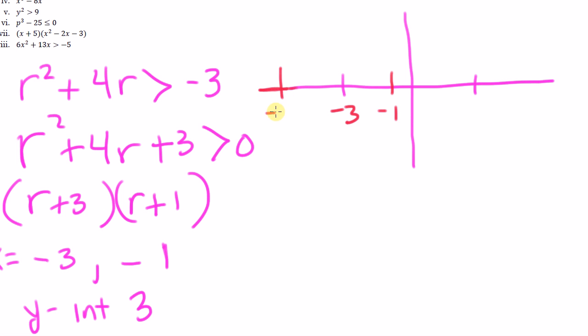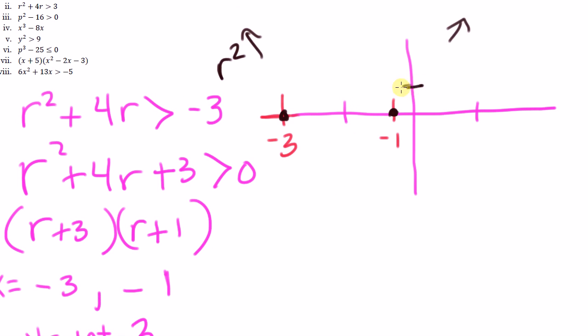I'm going to move my -3 over here, since it's all on one side, and pop in my zeros. One there, one there. Its parent function is x squared, so it's parabolic, and it's going to go up and up.